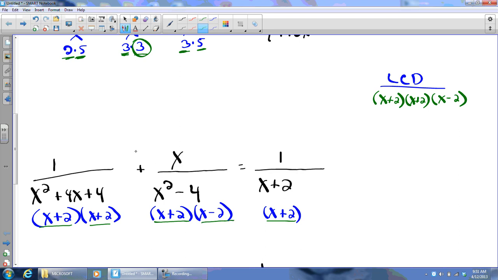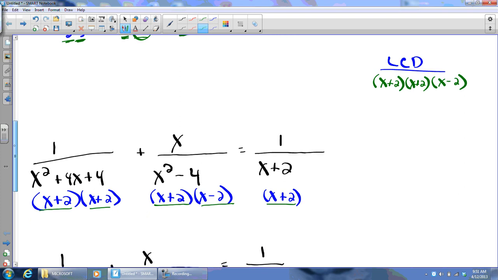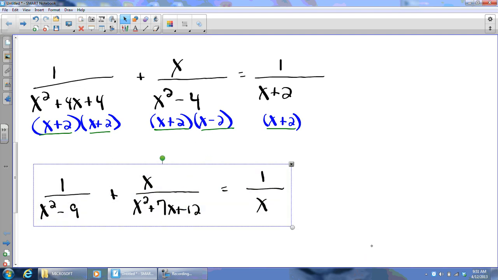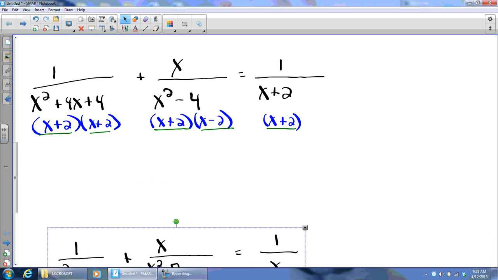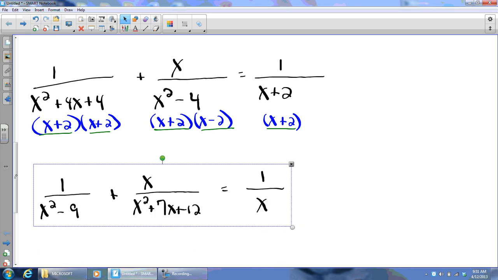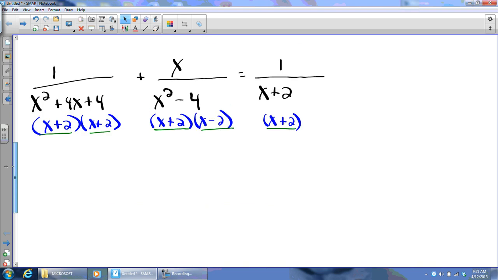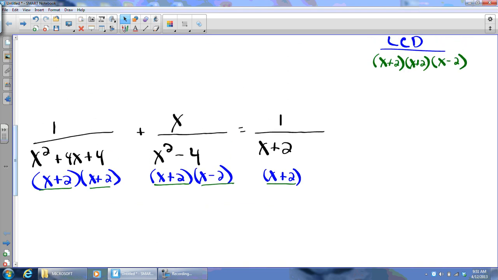So I'm going to multiply each and every part of the problem, and I'm going to rewrite this one if you don't mind, by the LCD that I just found. Hold on one second. Okay, so I'm going to rewrite this problem, and I'll do it in blue, the factored form.